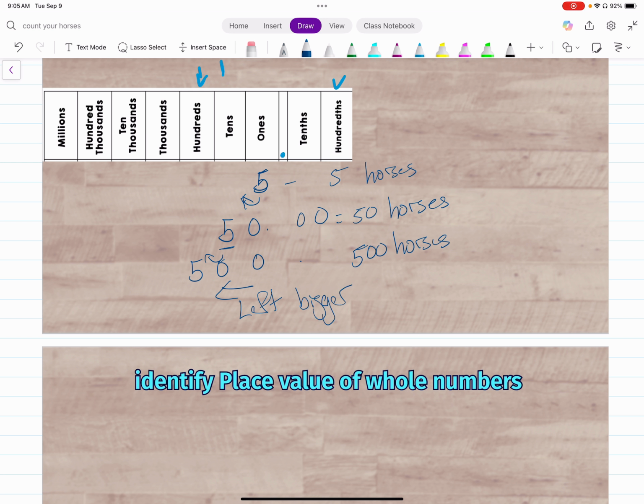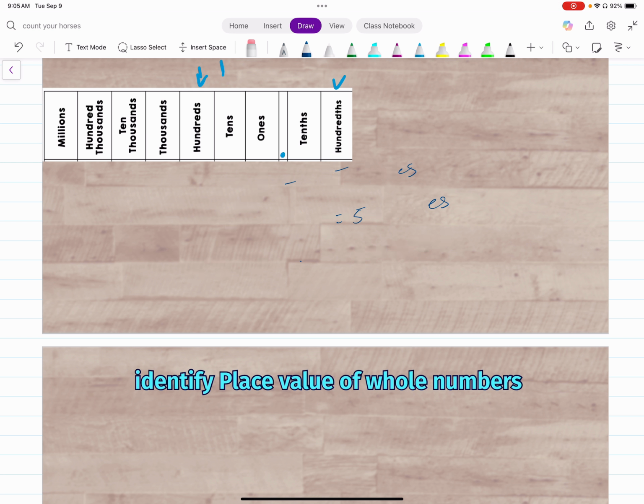Now, if we were to move it back over to the right, it's going to get smaller each time, correct? So if we're at 5 over here, that's 500 horses. And then if we move it over to the 10s, now that's just 50 horses. So it's kind of how you read it.